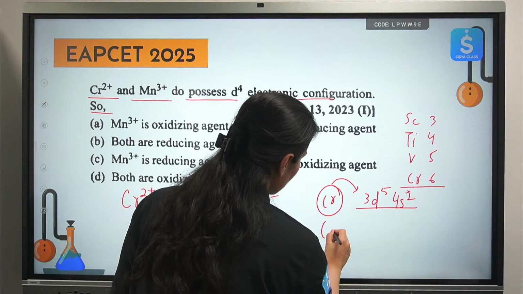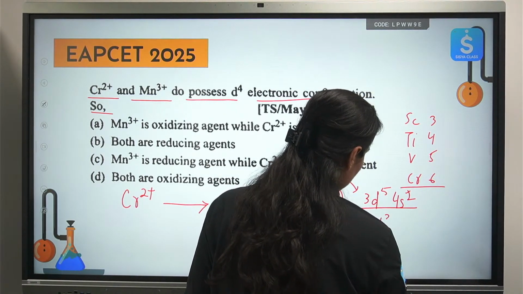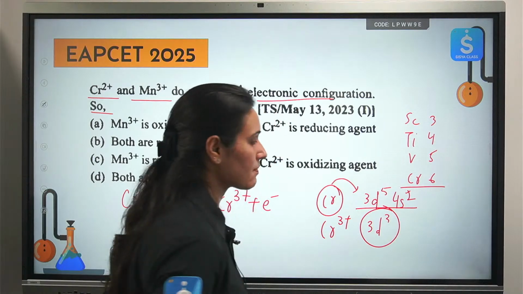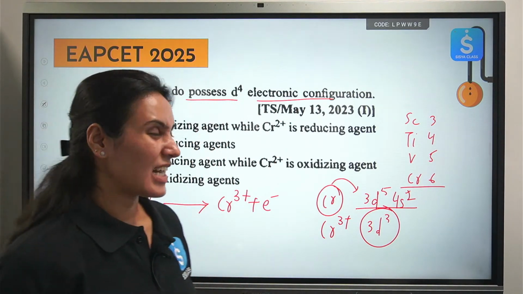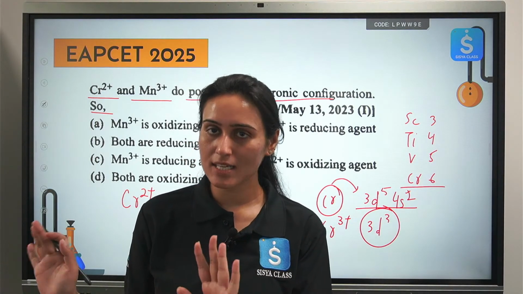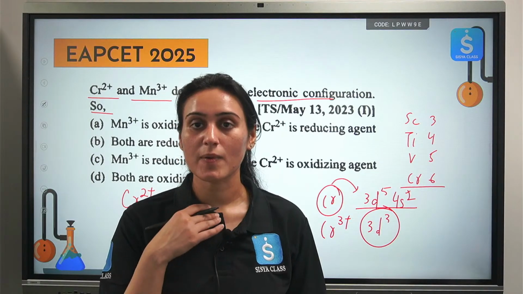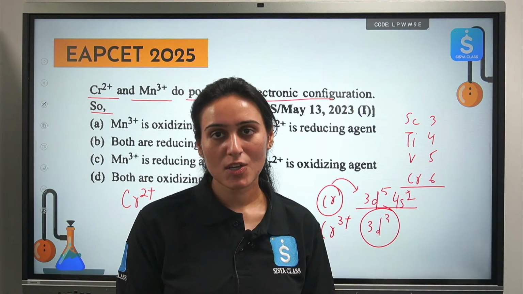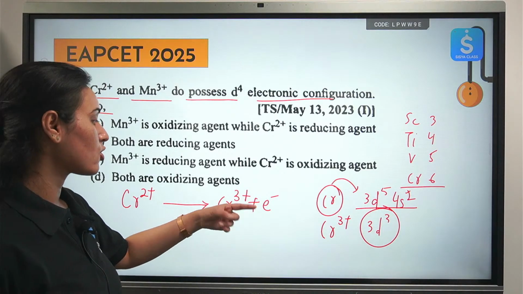If you talk about chromium 3+, it will have 3d3 configuration, which is exceptionally stable. Okay, so if you have Cr2+ ion, it will try to convert into a more stable oxidation state, that is 3+. In order to do that, it will lose electrons, it will undergo oxidation.